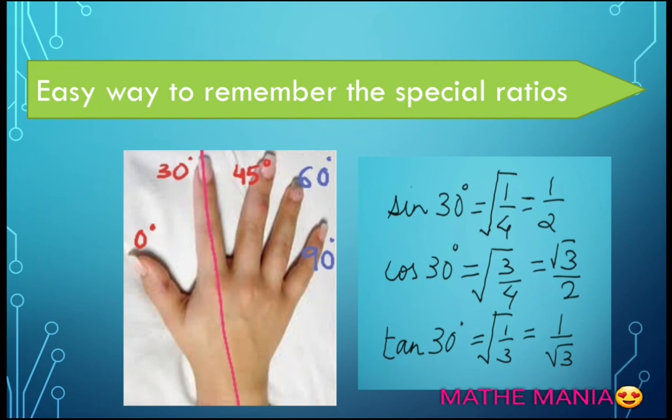Cos 30 would be 3 upon 4 under the root because we have 3 fingers on the right hand side. And so it will be root 3 by 2. Tan 30 will be obtained by dividing the left ones by the right ones. So it would be 1 upon 3 under the root, that is equal to 1 by root 3.